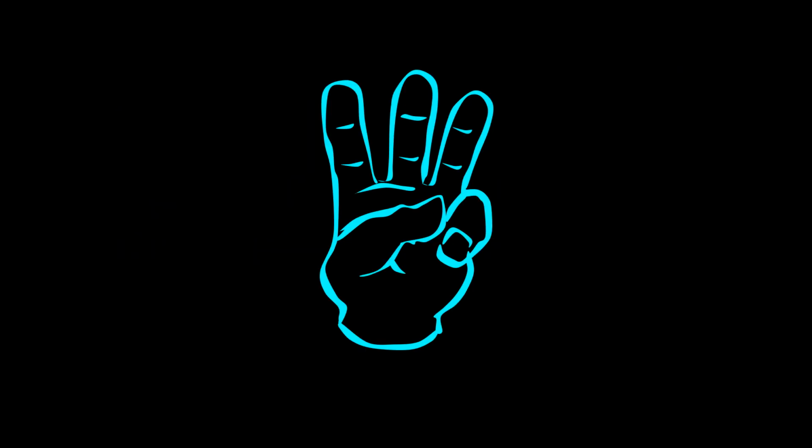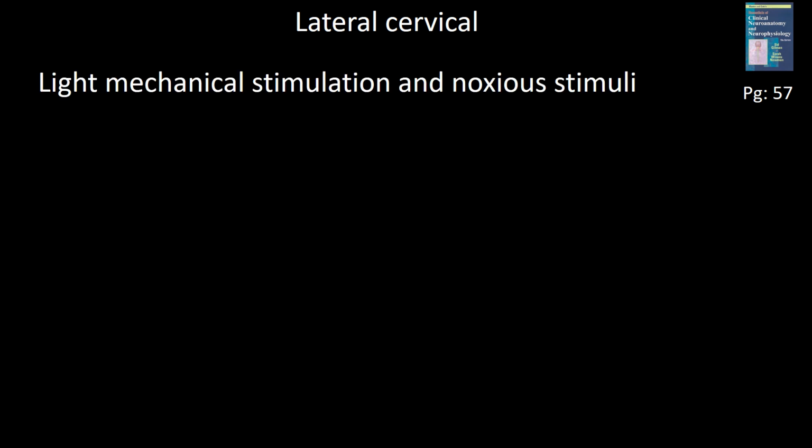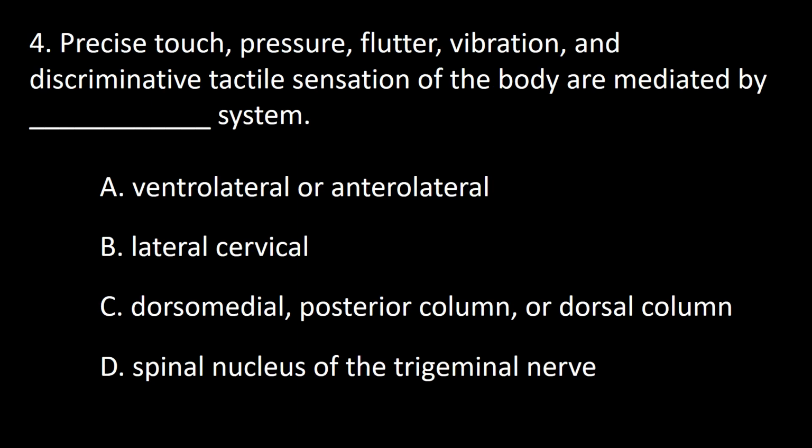And the last group, group 3, the mysterious lateral cervical system. Little is known about this system in humans. It mediates light mechanical stimulation and noxious stimuli. So the answer to this question is C.